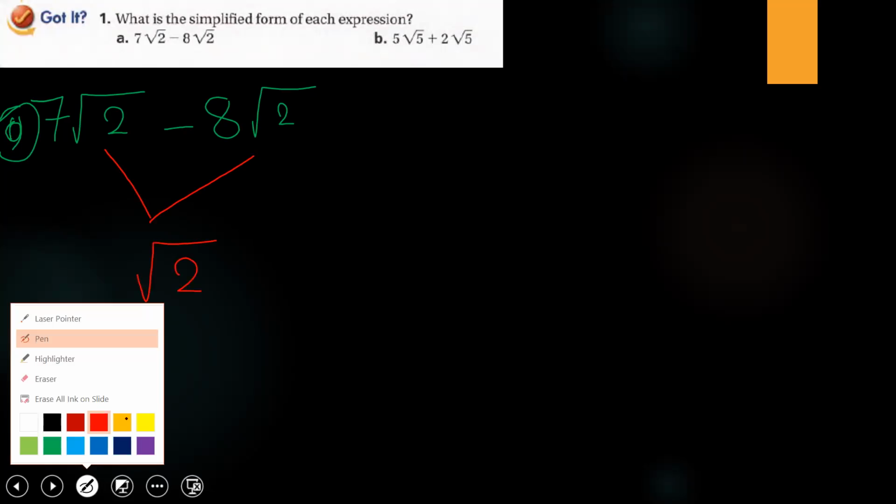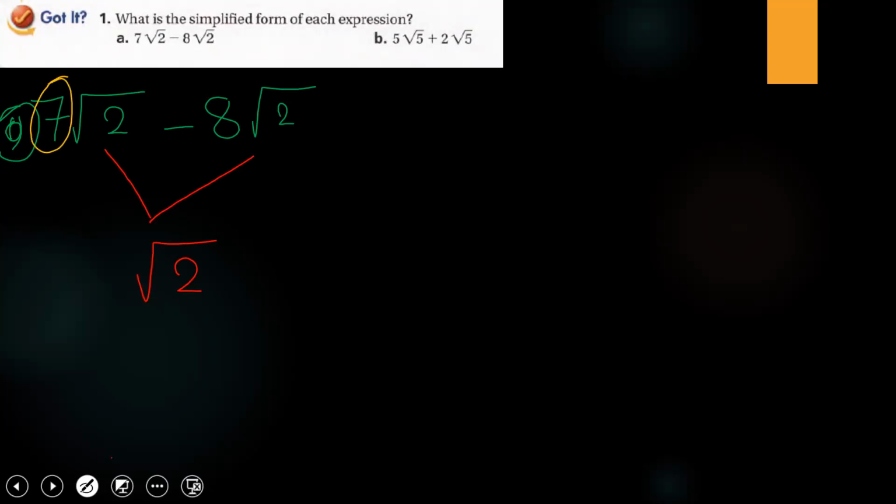Now look here, we have the same radical number, so choose one of them. Then let's subtract 7 minus 8. Negative 1. So the answer is negative 1 times square root of 2, or you can say it's negative square root of 2.